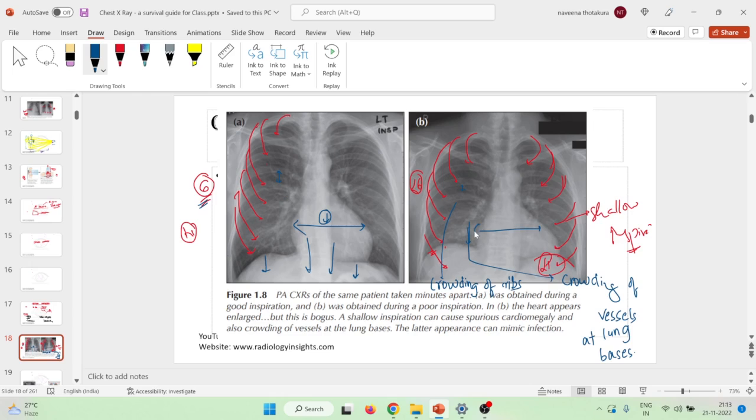As a result, the transverse diameter of the heart is also increased. So the mediastinum wrongly appears widened when the mediastinum is actually normal. So this is one important problem about shallow inspiration. Thank you.